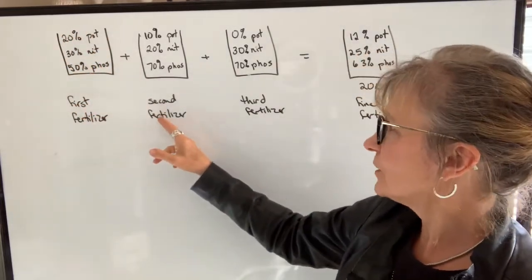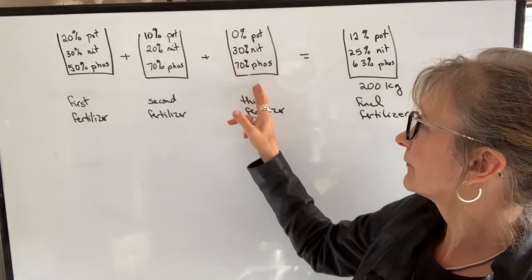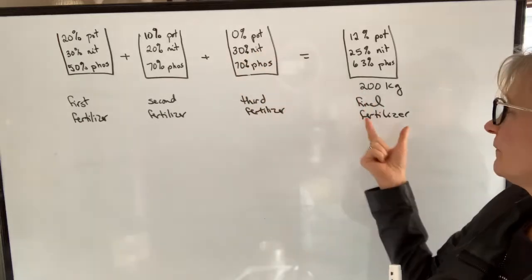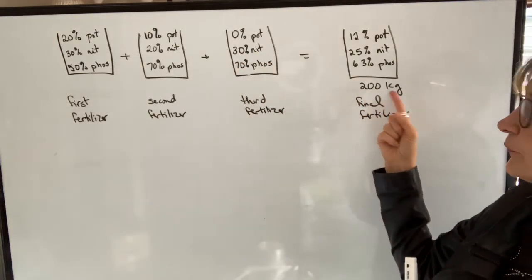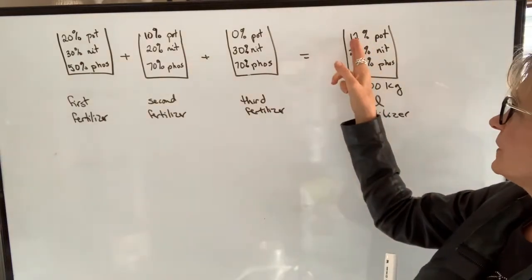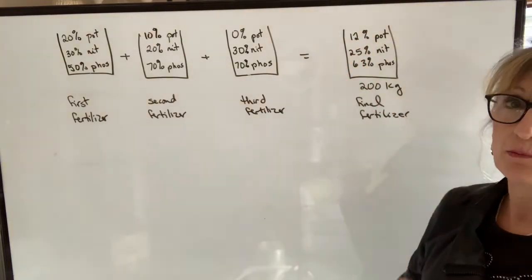So I do that for each fertilizer. And those three things have to add up to equal my final fertilizer. I know I'm going to have 200 kilograms, or that's what I want to have, with these percentages of those components.